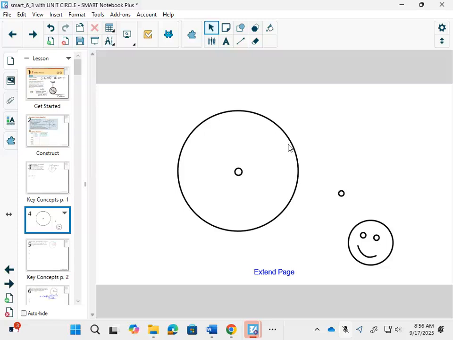Now, you know that there are 360 degrees in a circle. Does anyone know why? It's kind of confusing.